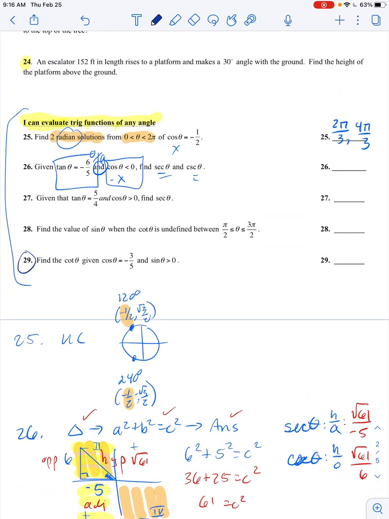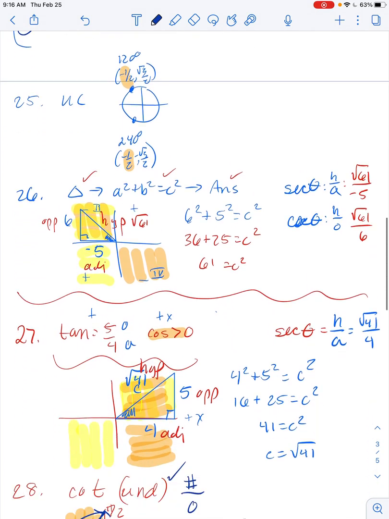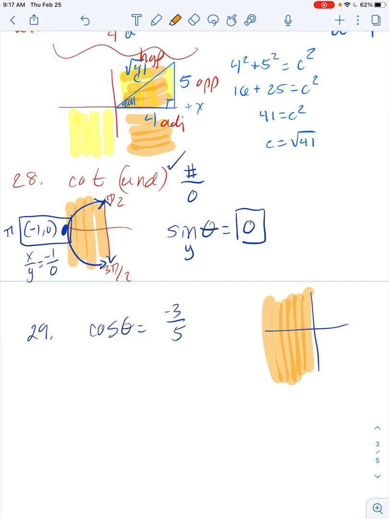And let's do this last one. I'm looking for the cotangent. Cosine is -3/5. So I know a couple of things. I know that my x is negative, so that's going to put me in one of these two quadrants to have a negative x or cosine.